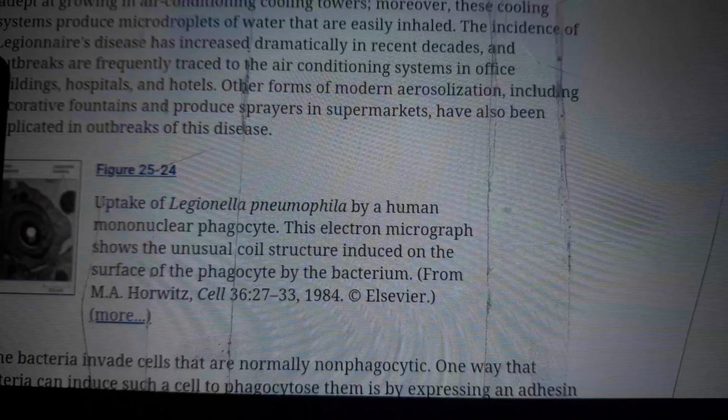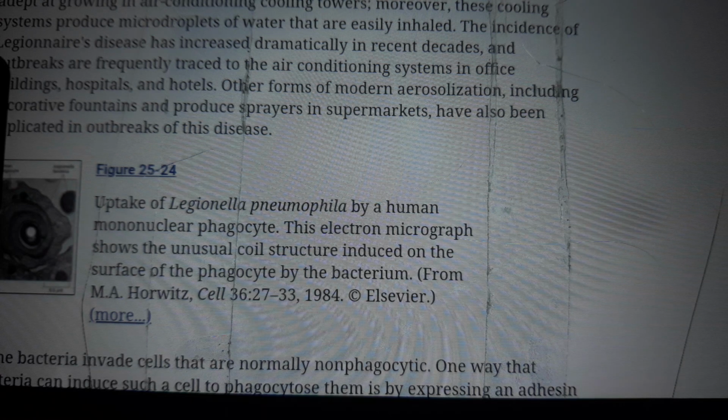The pathogen can efficiently spread by central air conditioning systems, as the amoebae that are the bacterium's normal host are particularly adept at growing in air conditioning cooling towers. Moreover, these cooling systems produce microdroplets of water that are easily inhaled.